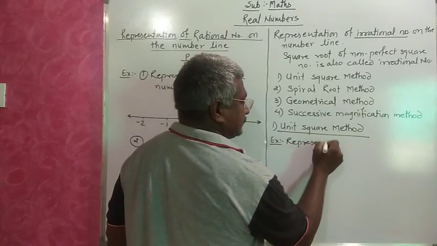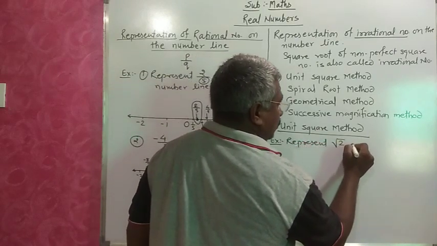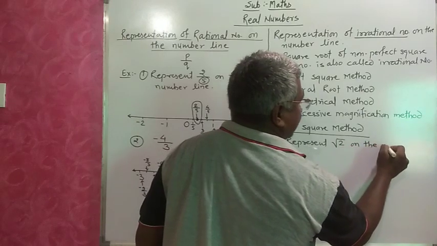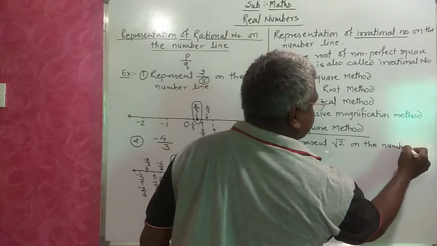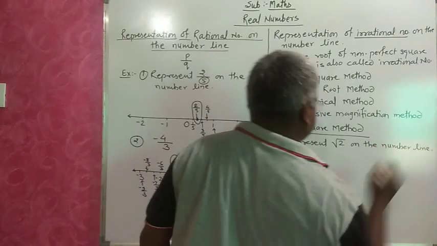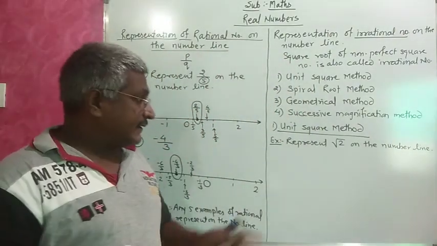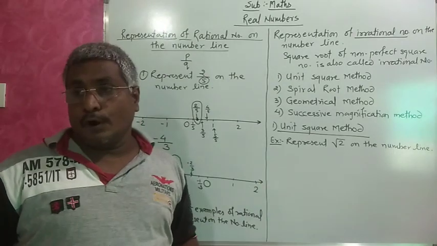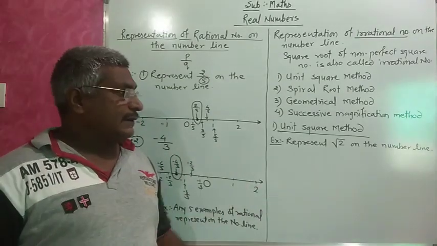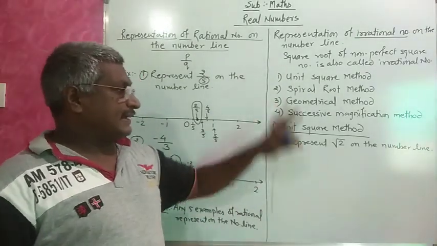represent root 2 on the number line. So how to represent root 2? Already I said the square root of a non-perfect square number is called an irrational number.